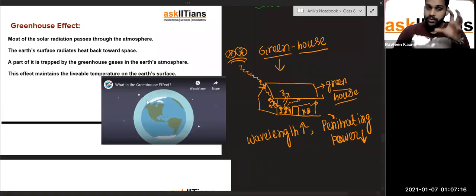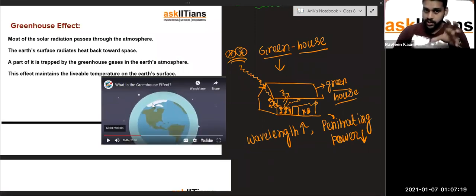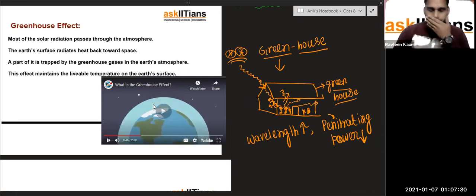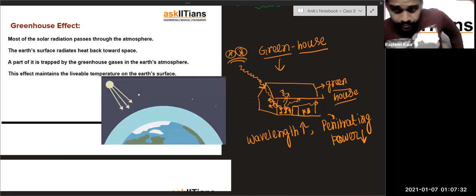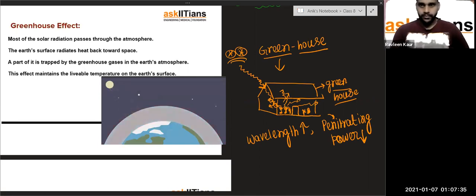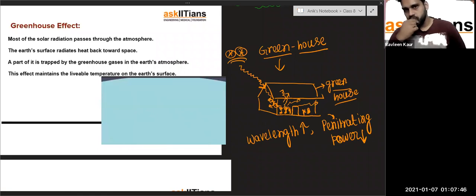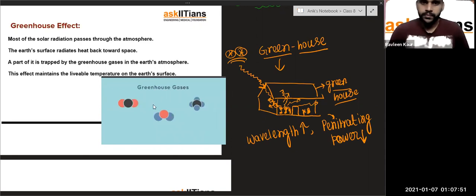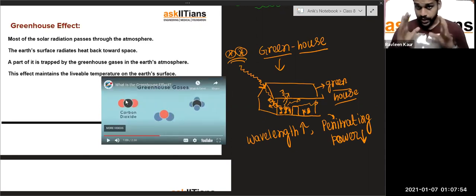So just focus on every word she's telling you. Okay, so earth is surrounded by some sort of gases. Those are called the atmosphere. Now let's see. So what is happening?